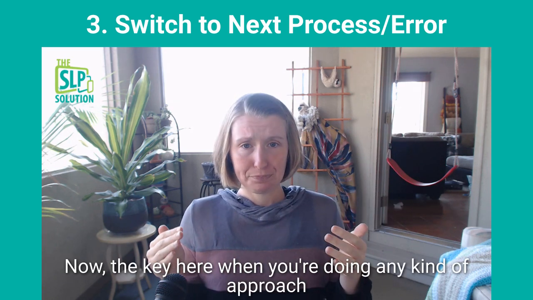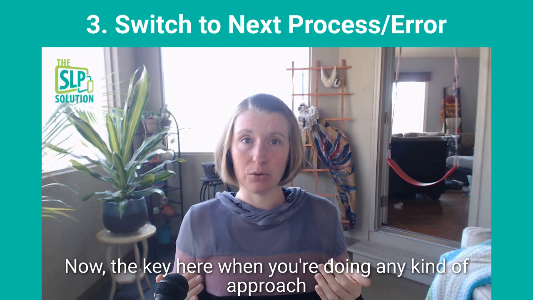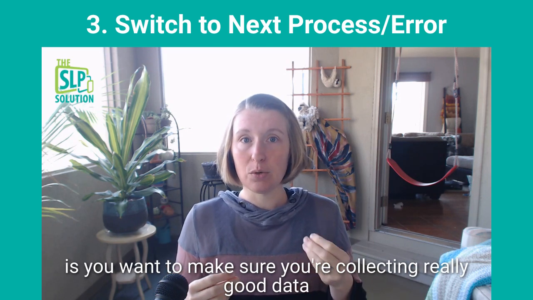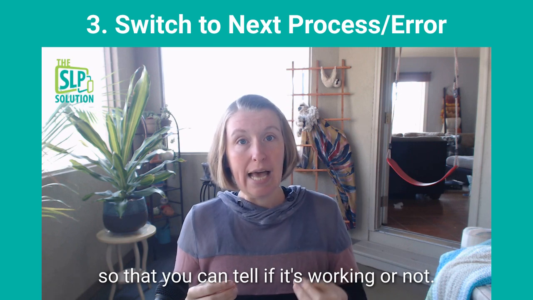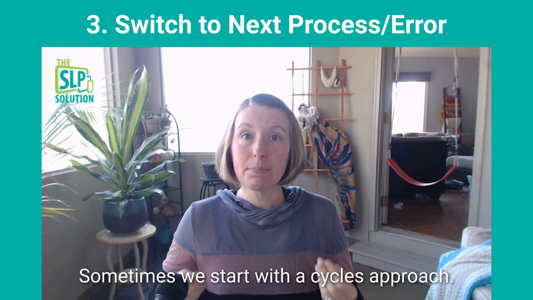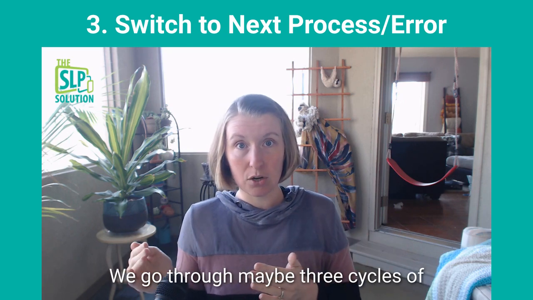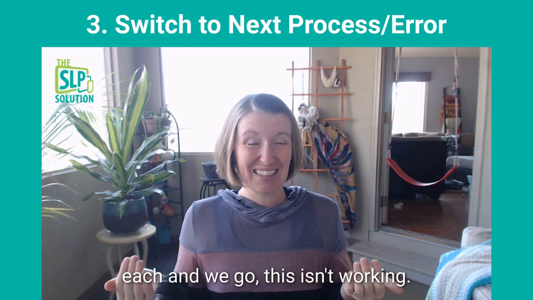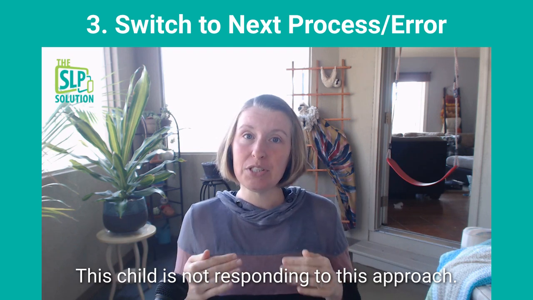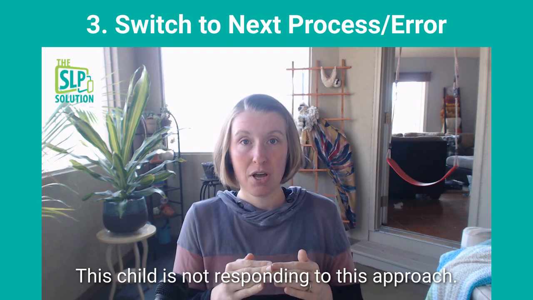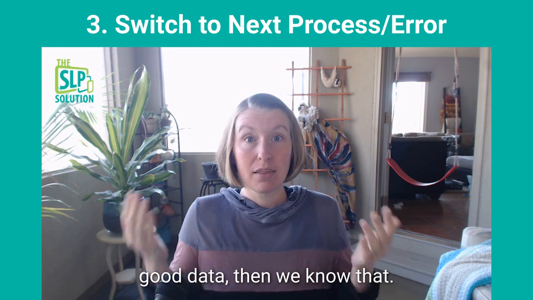The key when you're doing any kind of approach is to make sure you're collecting really good data so that you can tell if it's working or not. Sometimes we start with a cycles approach, go through maybe three cycles of each, and we say, this isn't working. This child is not responding to this approach. If we've been taking good data, then we know that.